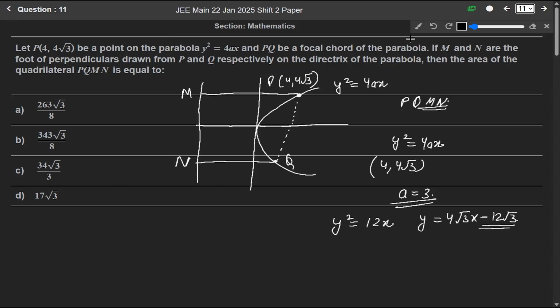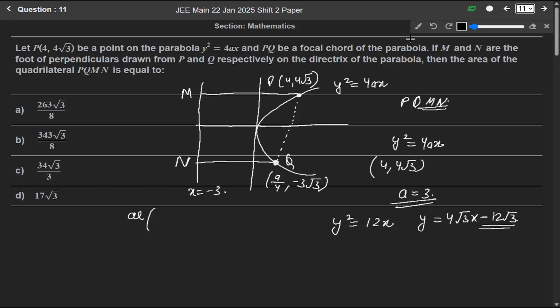Okay. A equals 3 and y is 4 root 3 x minus 12 root 3. So this point will be 9 by 4 and minus 3 root 3, and x will be minus 3 here.